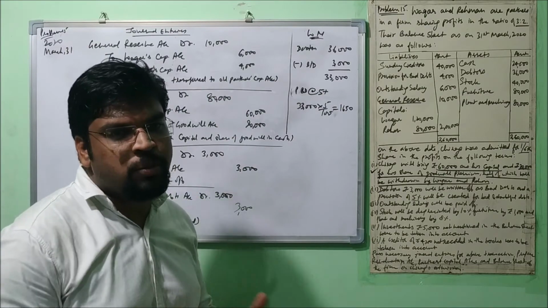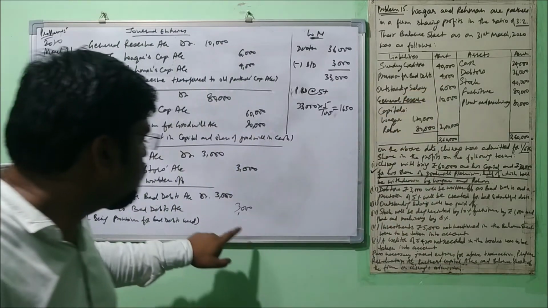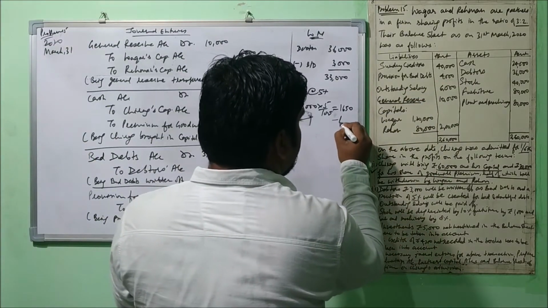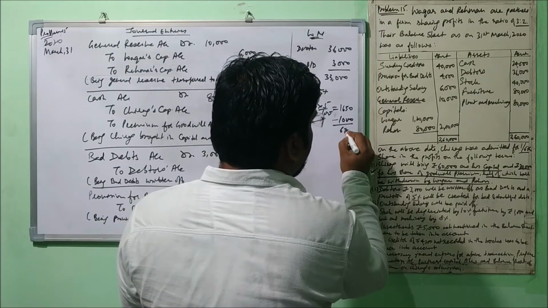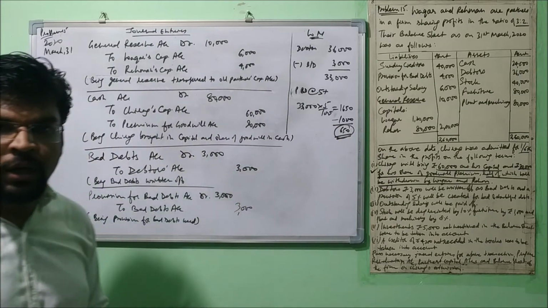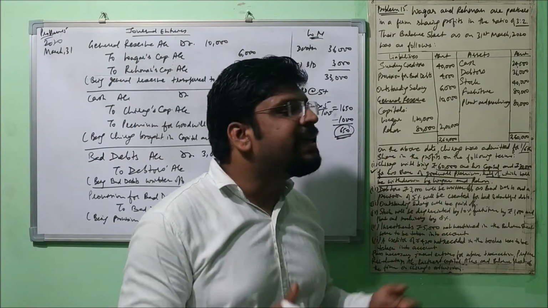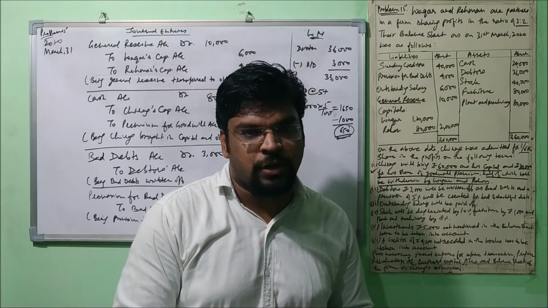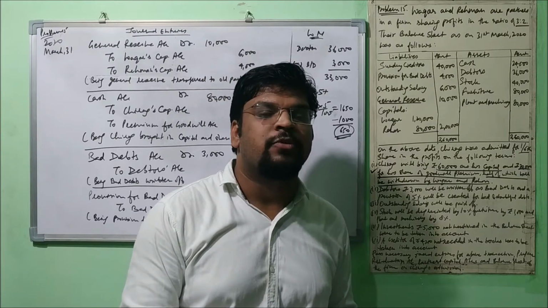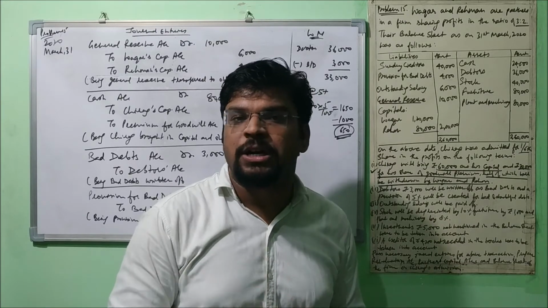Now we see how much provision we already have. 4,000 we had already, 3,000 was utilized here. How much is left? 1,000, right? So 1,000 is available with us. Now how much needs to be created? Only 650. So in total, our liability increased by rupees 650, and whenever there is a change in liability or assets at the time of admission of a partner, then the revaluation account is debited or credited.